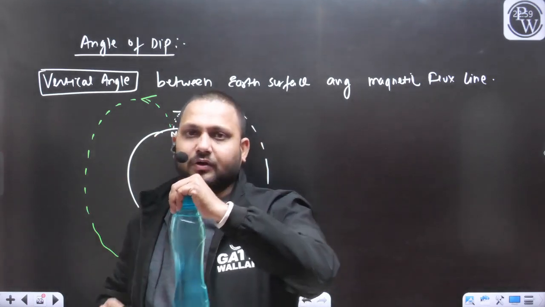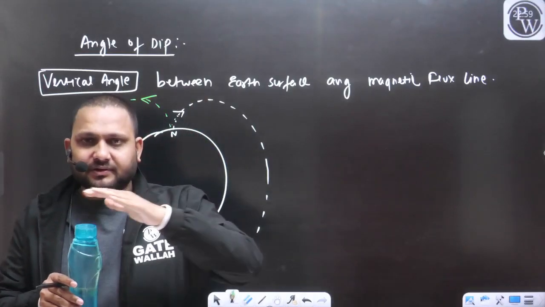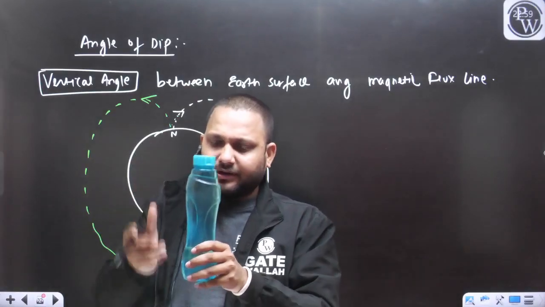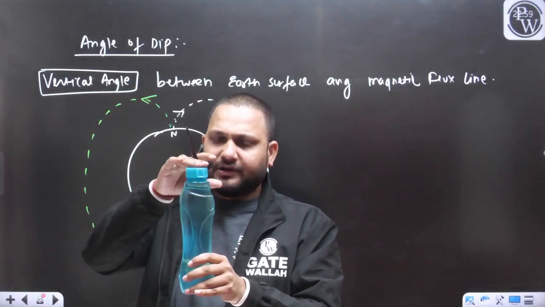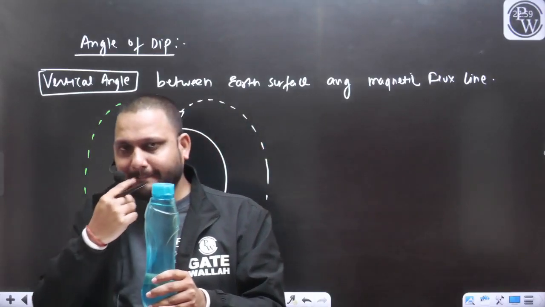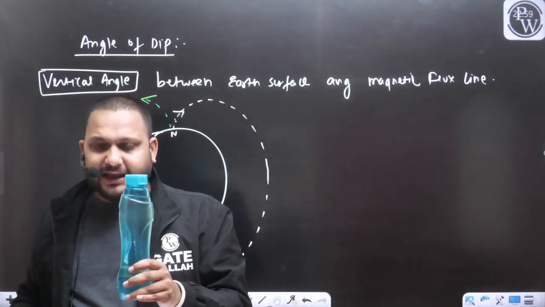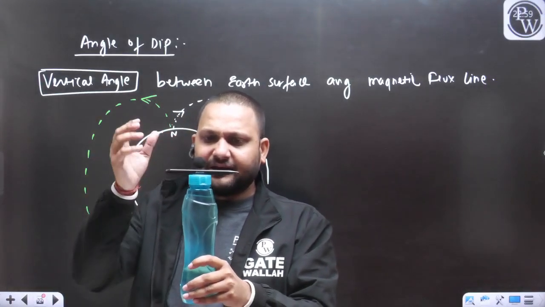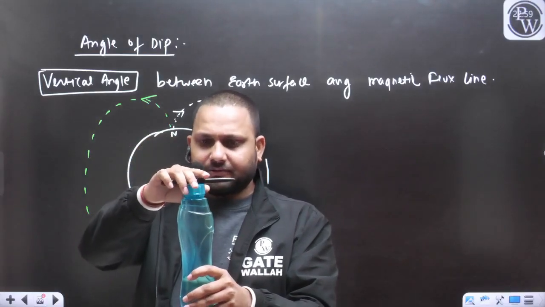As we know, at the poles, this region is flat. At the north and south pole, this region is flat. So can I represent this line as the earth surface? Hey bhai, ruk jao.